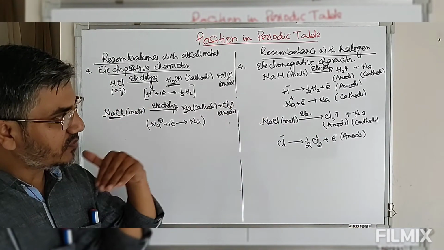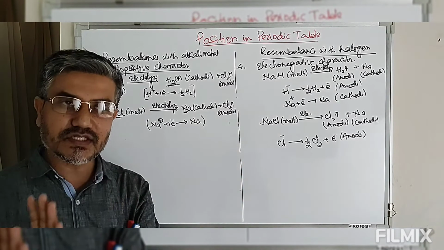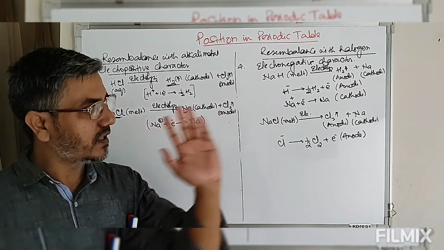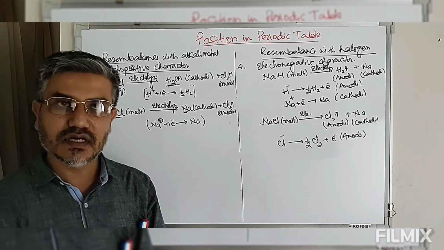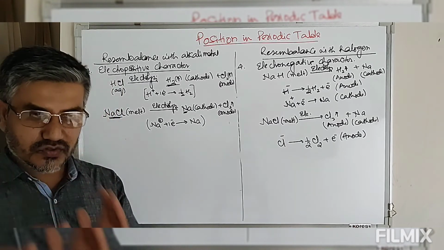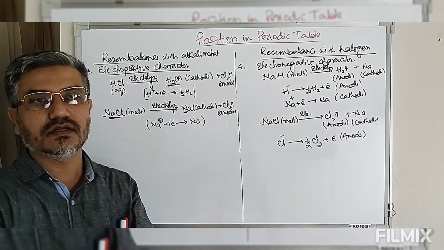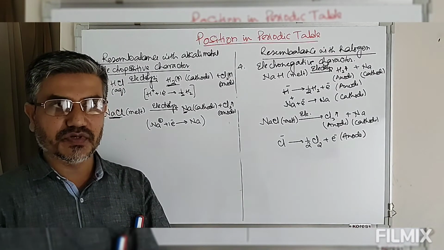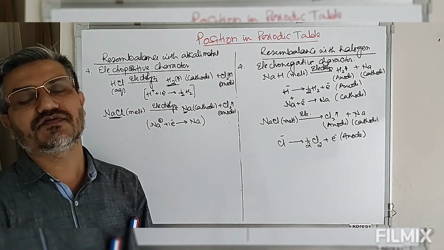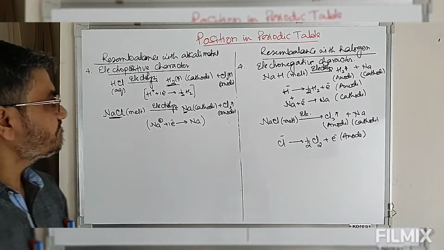These are some of the properties in which hydrogen shows resemblance with halogens, and hydrogen also shows resemblance with alkali metals. Because of this we say that hydrogen cannot be placed with halogens or with alkali metals. So there should be a separate place for hydrogen in the periodic table.